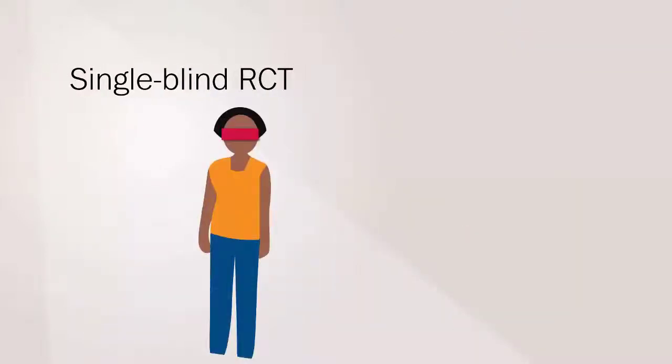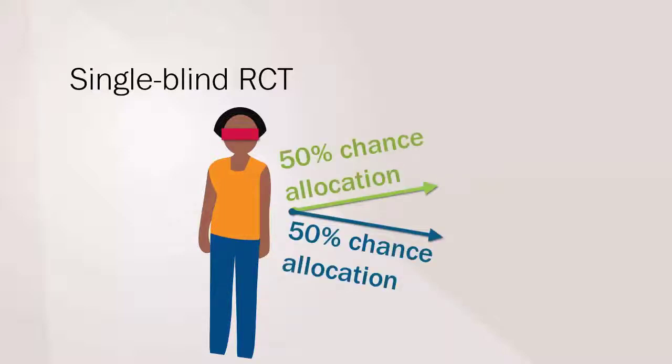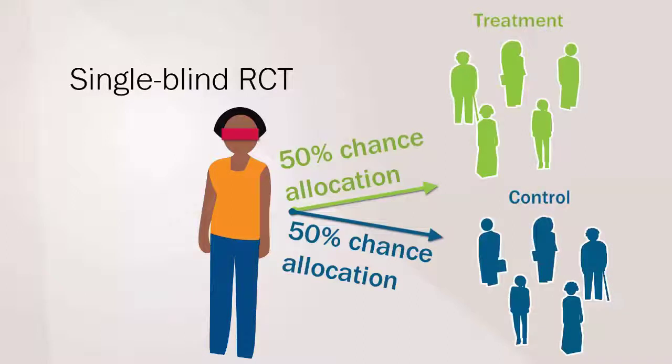Single-blind randomized controlled trial. As with the double-blind RCT, individual participants are randomly allocated to receive either the intervention or control. However, in this case, it is only the participant who is blind to the group to which they have been allocated. The investigator will know the allocation.